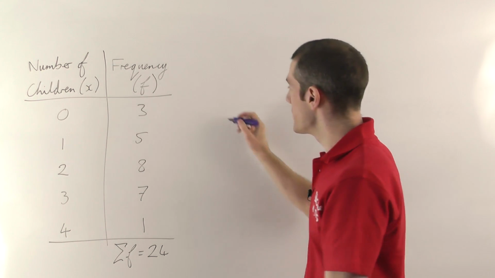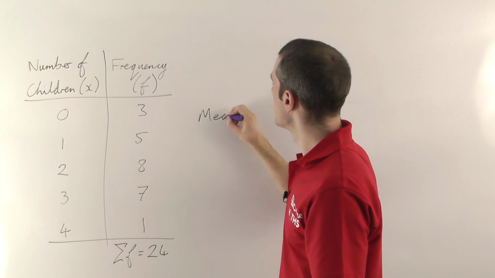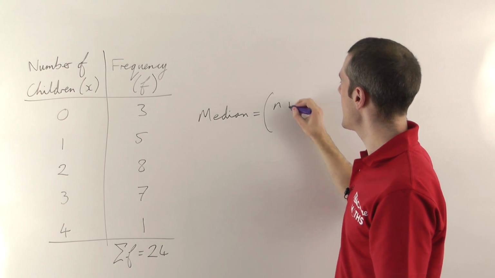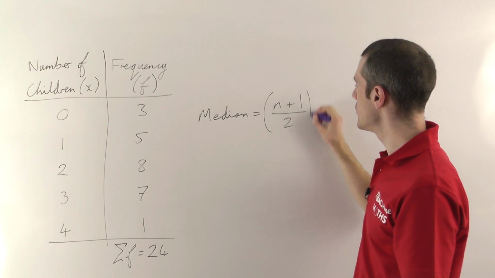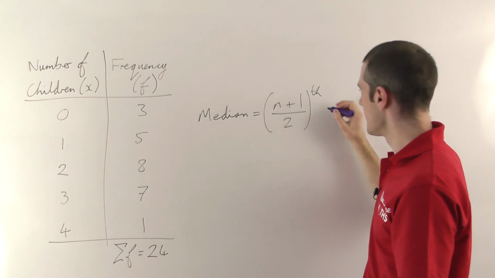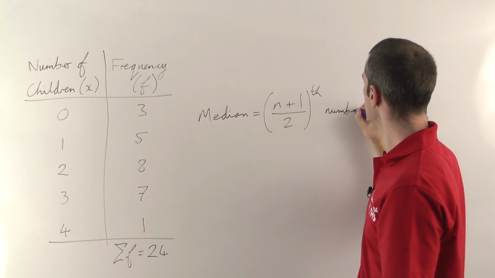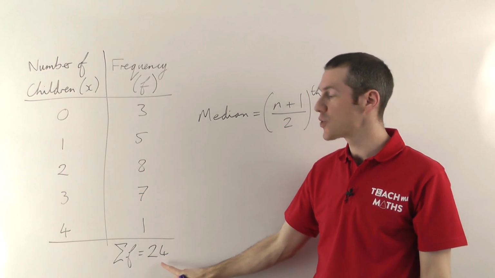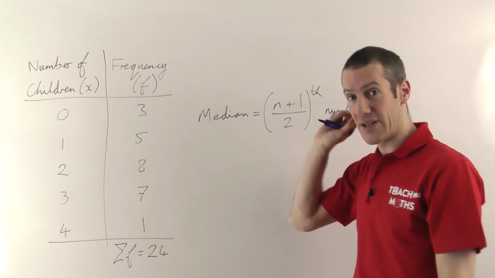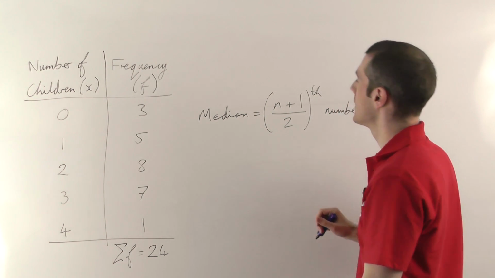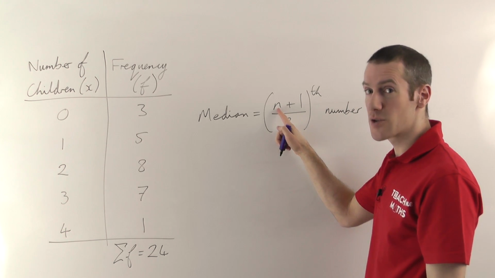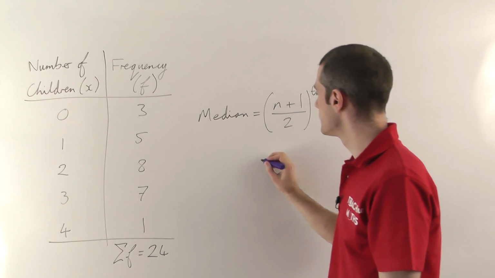So when we use our formula, the median, now remember it's the n plus 1 over 2 number. And n is 24. There are 24 numbers in our long list of numbers. So the midpoint is found by sticking 24 in there.